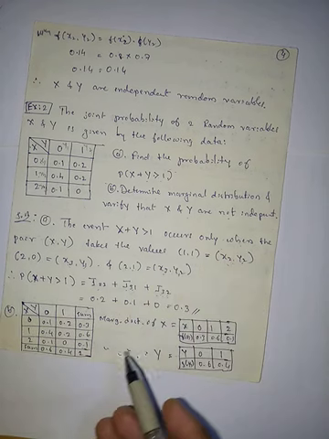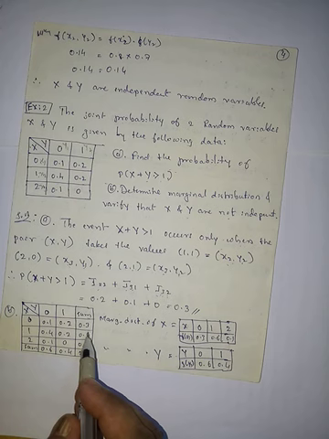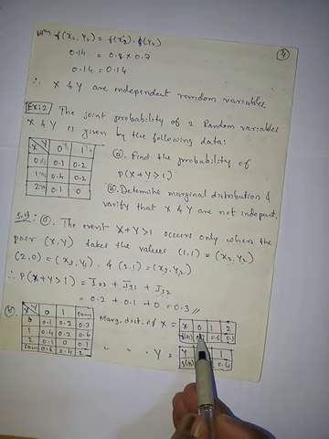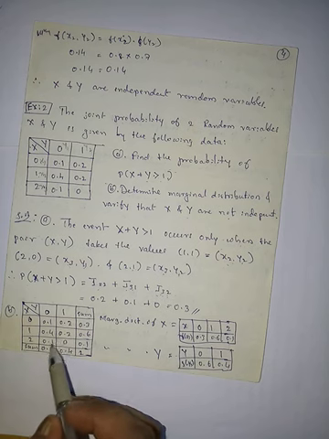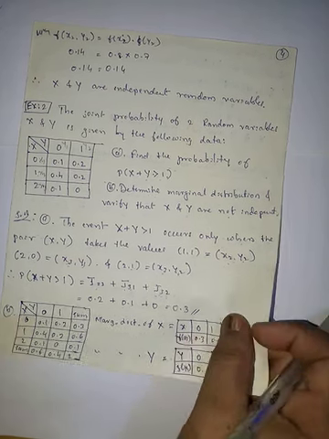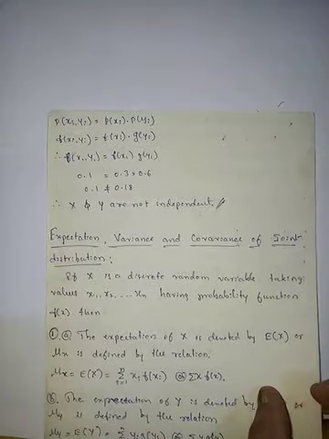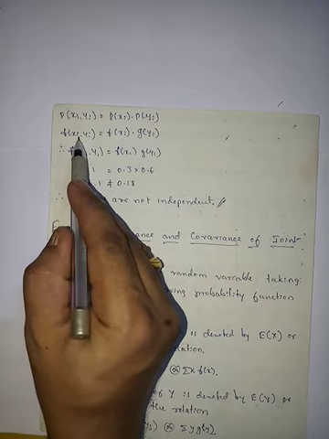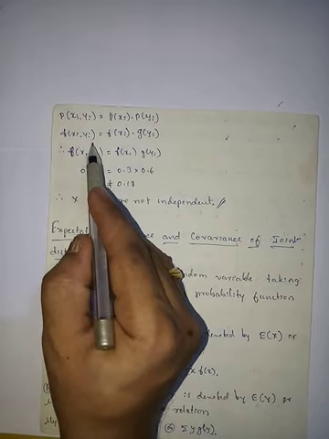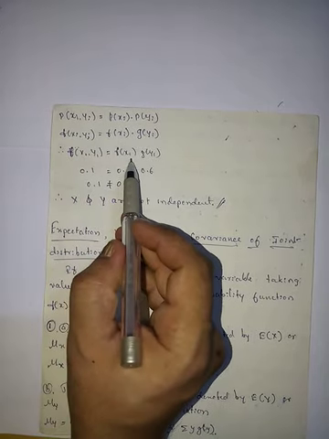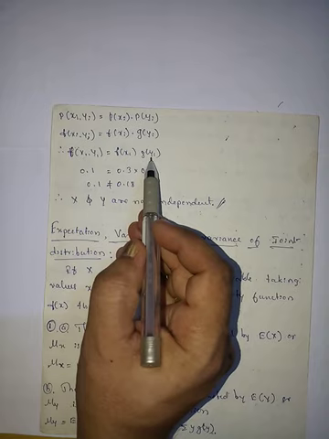Then determining the marginal distribution is very simple. Taking the sum of rows we get the marginal distribution of x, and taking the sum of columns we get the marginal distribution of y. And also we have to verify that these are not independent. So taking f of x1, with i equal to 1 and j equal to 1, that is f of x1 into g of y1.